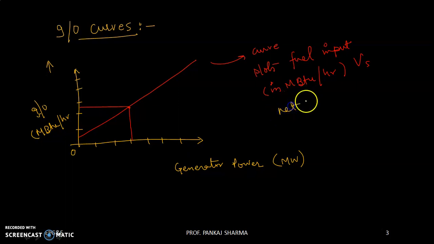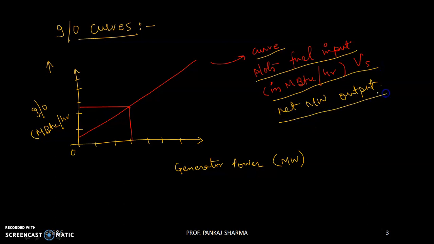So the input output curve, as its name says, is a curve that plots fuel input in mega BTU per hour versus net megawatt output. That shows the variation of generator output with respect to fuel, in terms of mega BTU per hour.